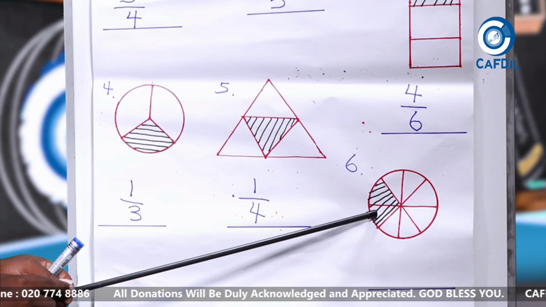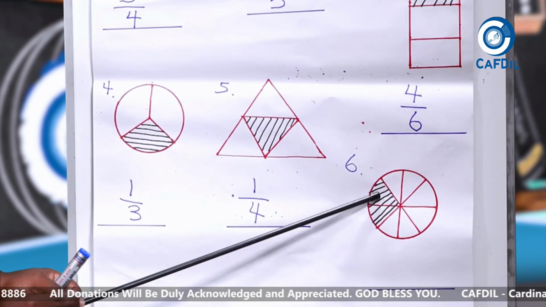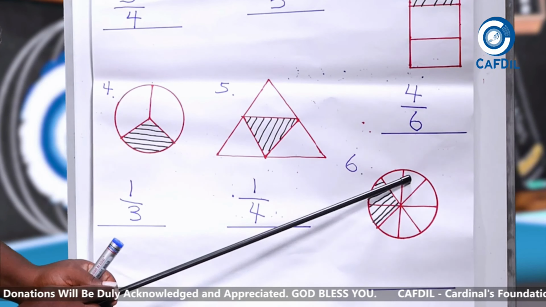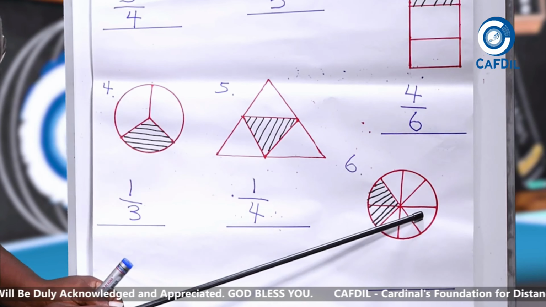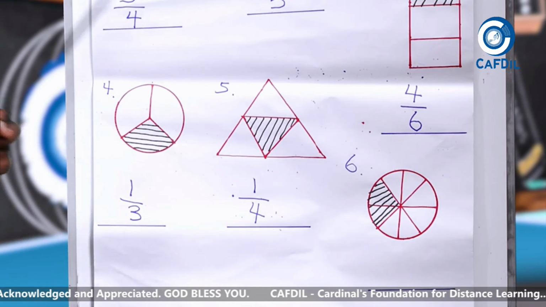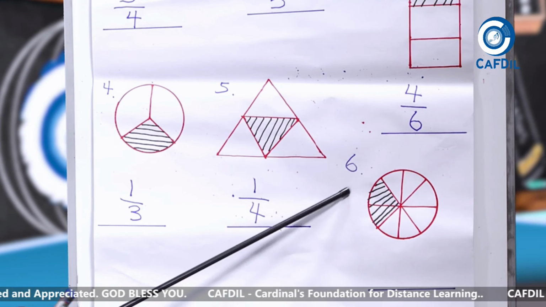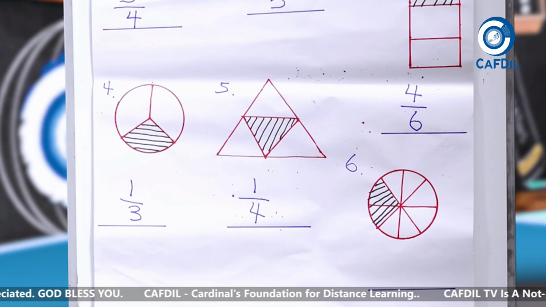So it's going to be 1, 2, 3, 4, 5, 6, 7, 8. So it means that this circle has been divided into 8 equal parts.